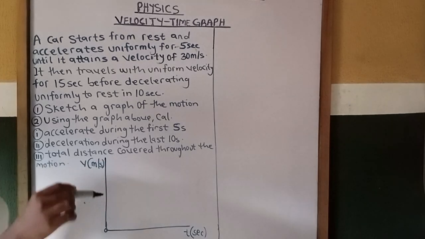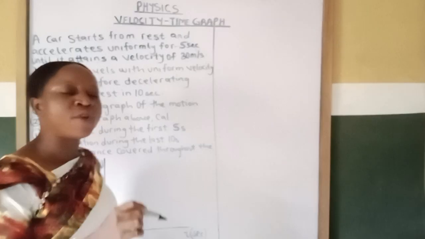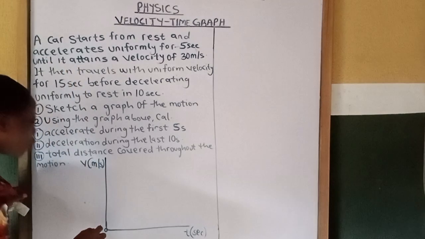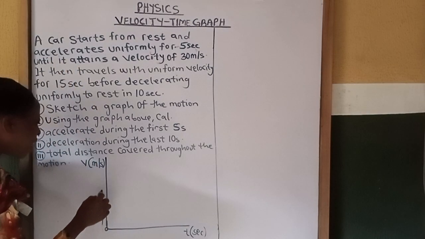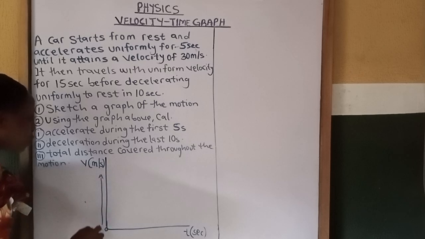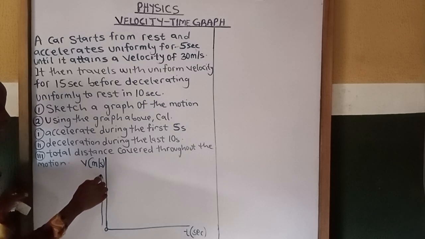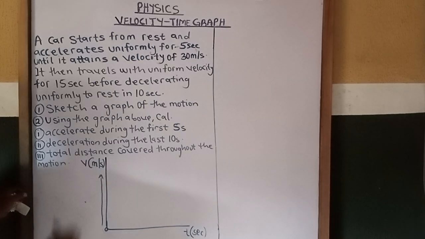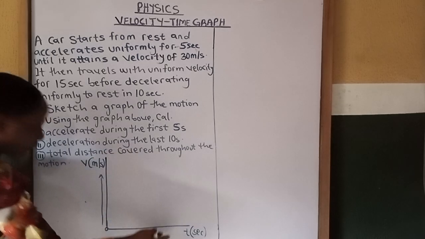When they say that an object accelerates uniformly on a velocity time graph, it must not go on a vertical line, because if it travels on a vertical line, it will only cover the velocity axis, and we call it a velocity time graph.